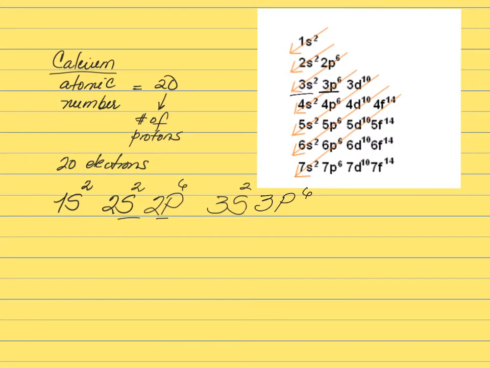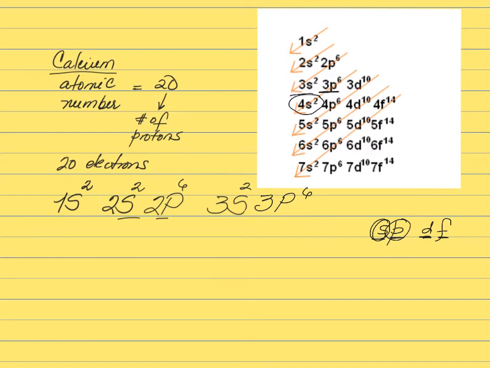Why? Because remember that s and p have less energy than d and f. So before filling a d orbital, electrons are going to fill s and p orbitals. And that's why you have to follow the diagonal diagram.